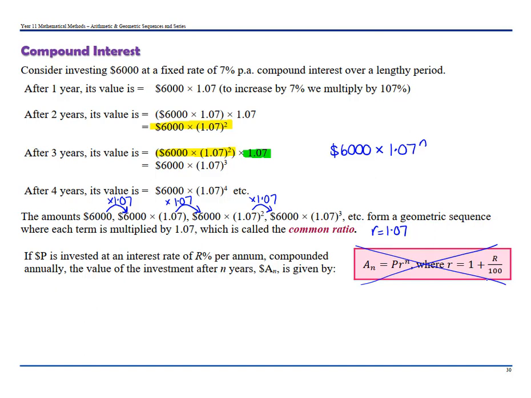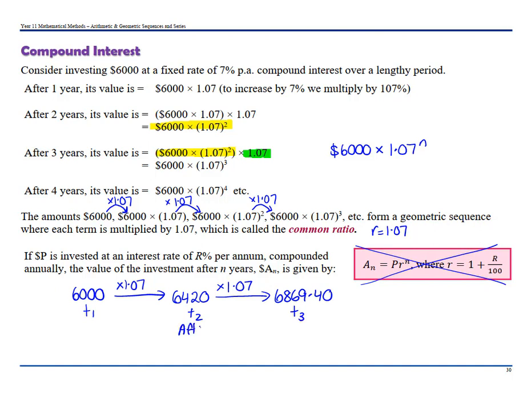But beware. If you're starting out with 6,000 and you're timesing by 1.07 to get your 6420, then you're timesing by 1.07 to get 6869.40. Note, this is T1, T2, T3.